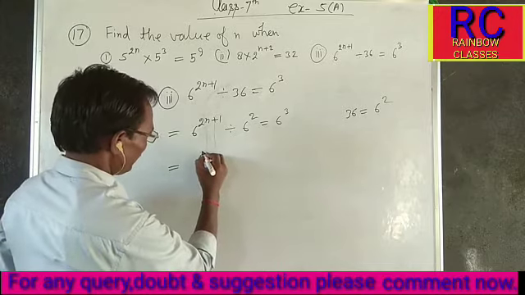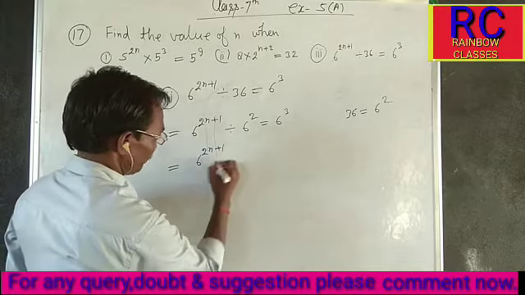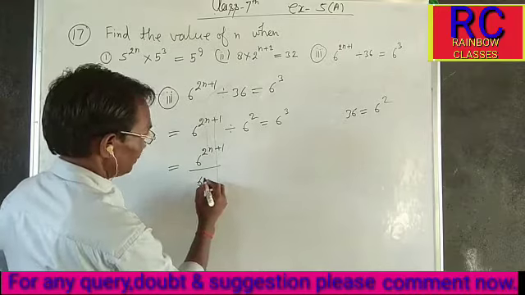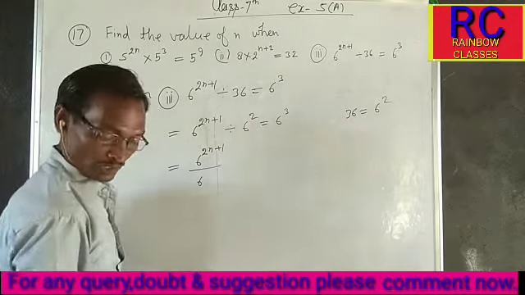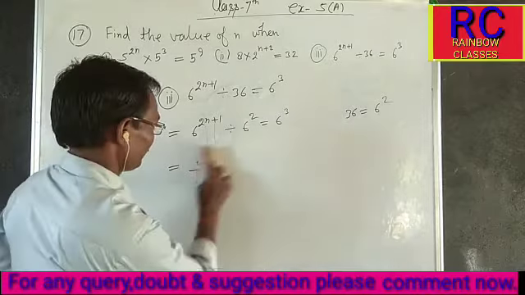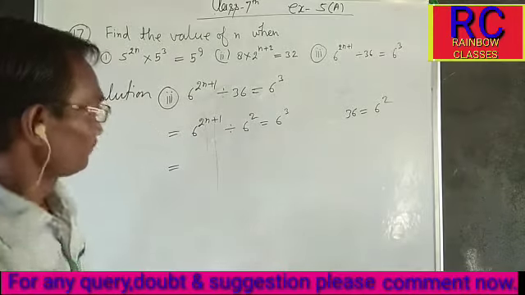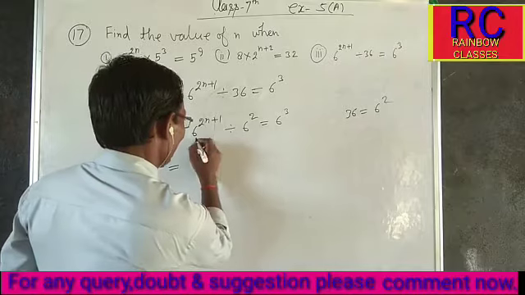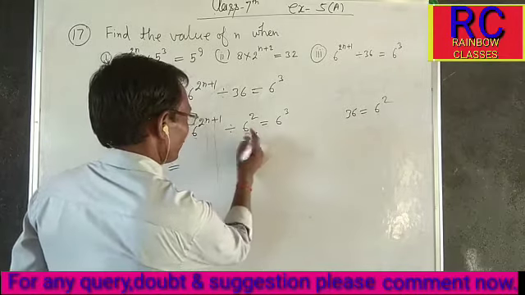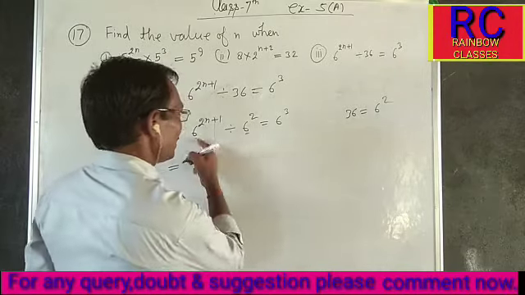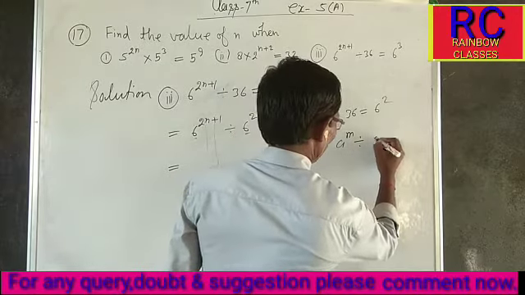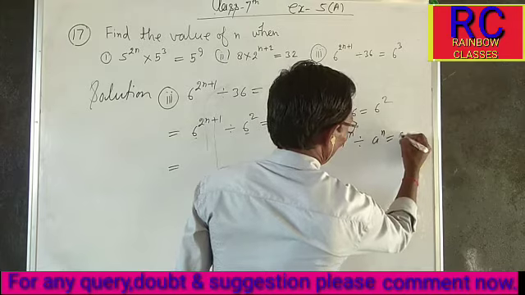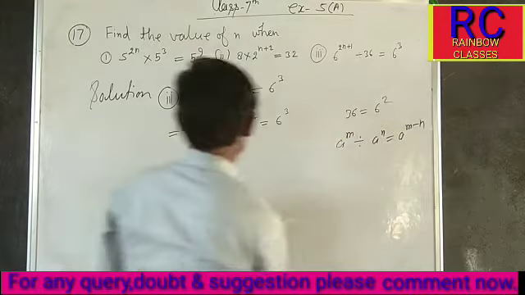6 to the power 2n plus 1 divided by 6 squared. The bases are equal, and a to the power m divided by a to the power n is equal to a to the power m minus n.